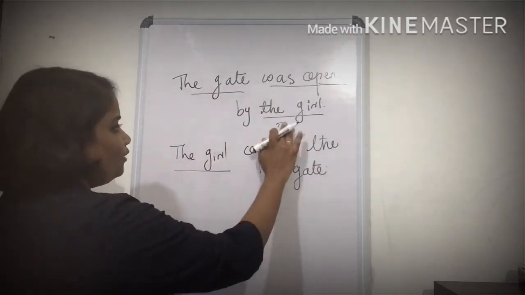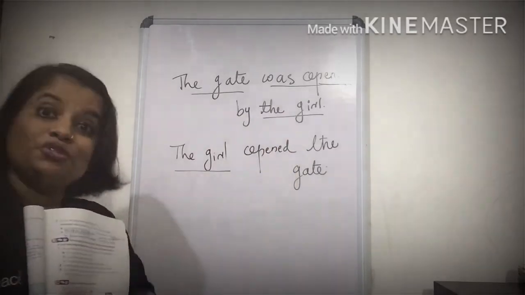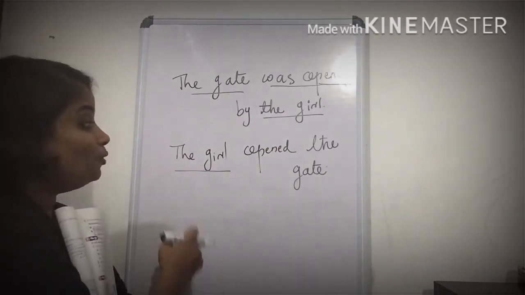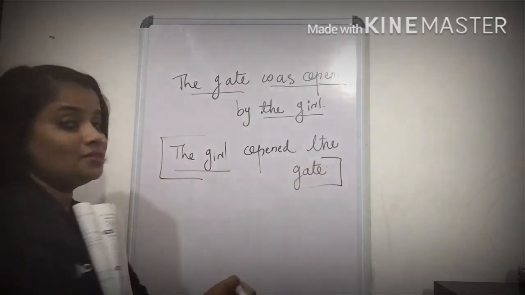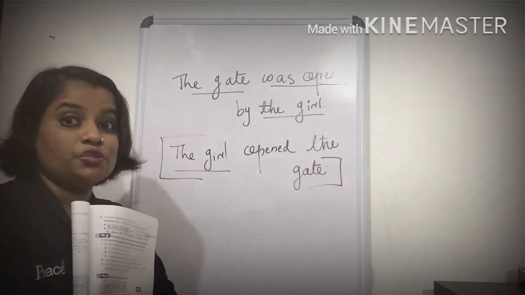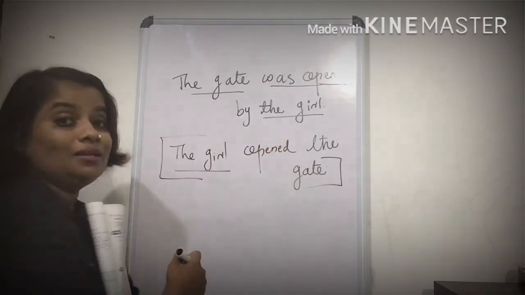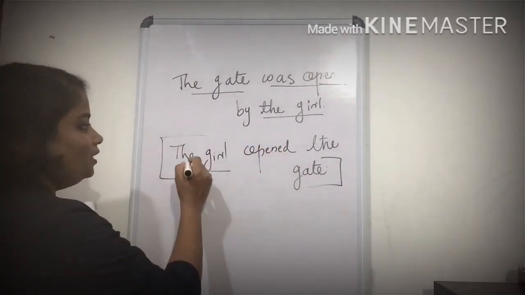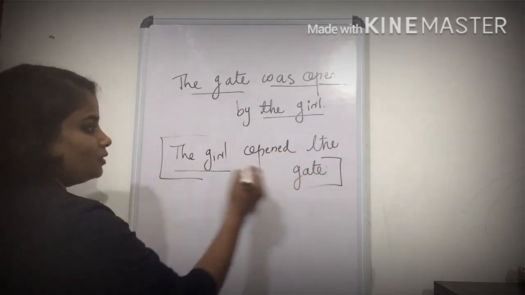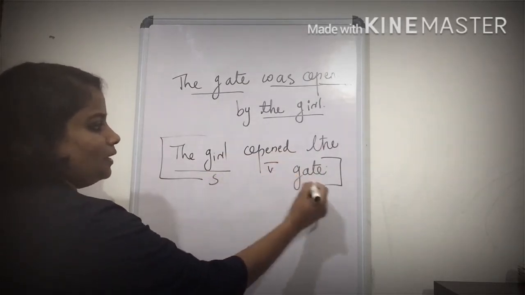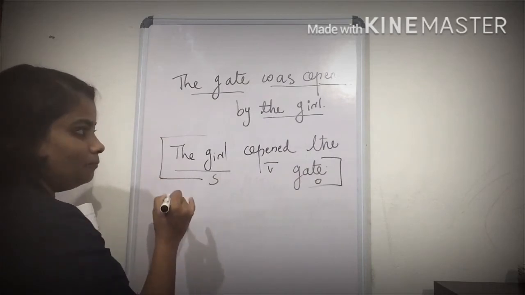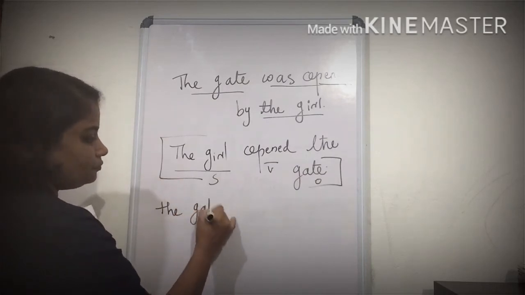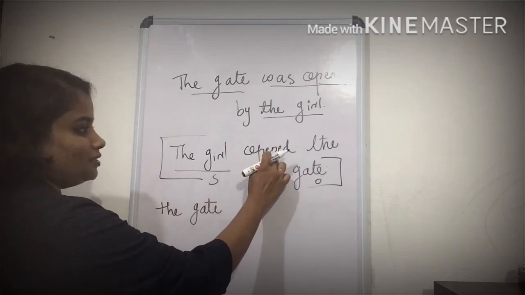So if you have any doubt, let us try to change. Let us try to convert this statement into passive voice, because we need to check whether the statement will be getting or not. The girl opened the gate. This is the subject, this is the verb, and this is the object. So the object comes at the beginning, the gate. Opened.